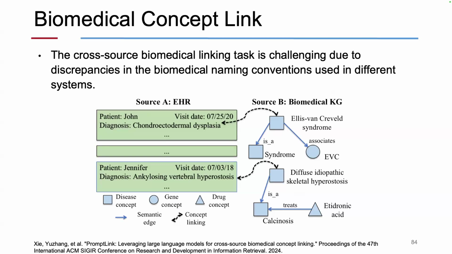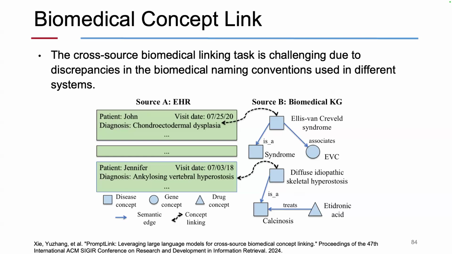This is in a slightly different setting, where we are not aligning a KG to an ontology. Instead, we're trying to align entities from the EHR data, the patient records, to a biomedical KG.